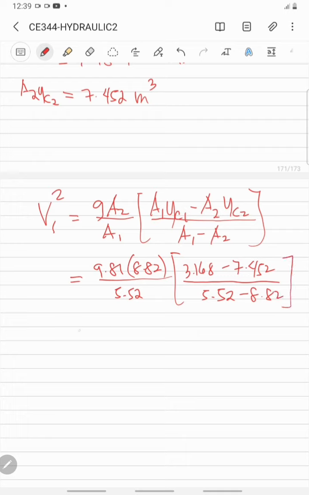So this will be equal to 9.81 times 8.82 divided by 5.52, times 3.168 minus 7.452, divided by 5.52 minus 8.82.